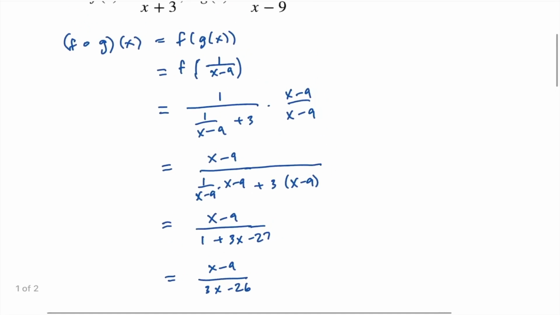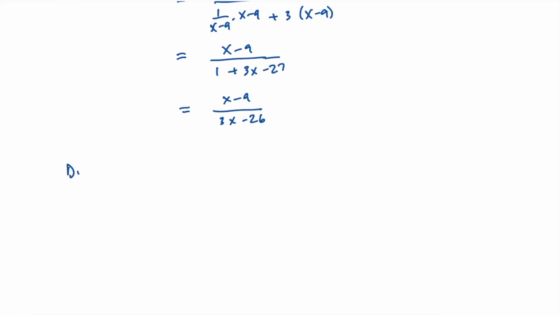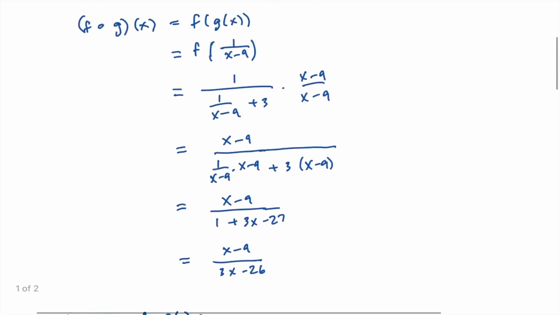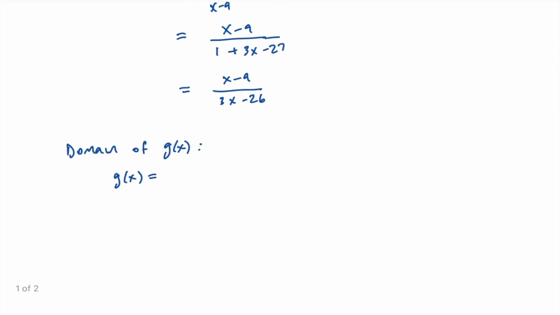Okay, so first we look at the domain of g of x. And g of x is 1 over x minus 9. So we've got 1 divided by x minus 9. Okay, the only restrictions we can put on x are that we need positive square roots and no division by 0.